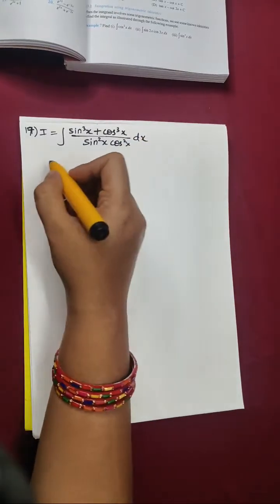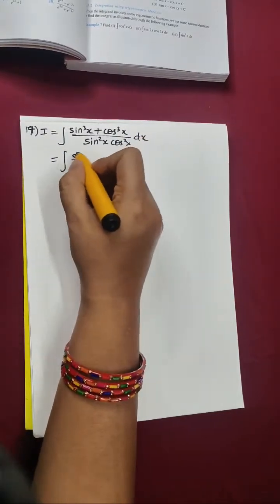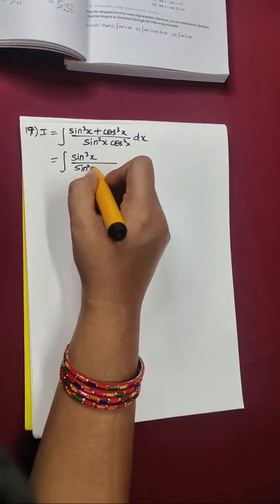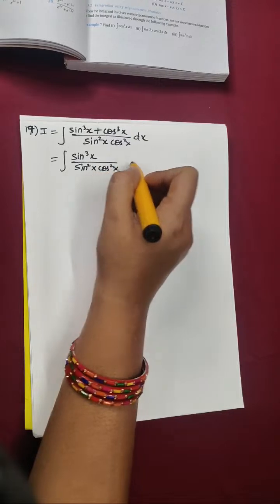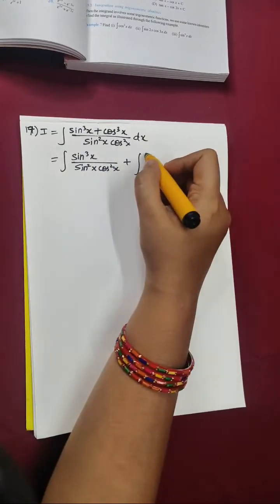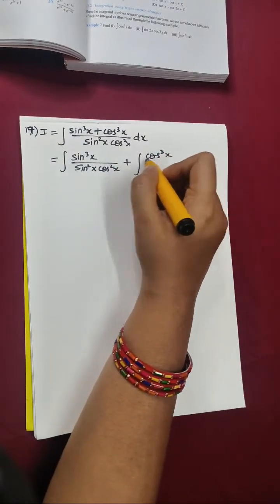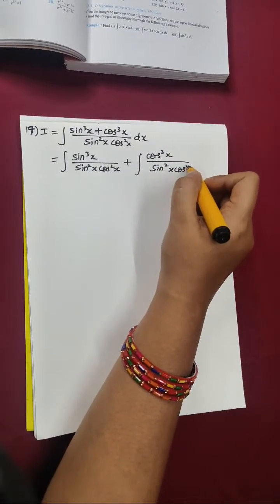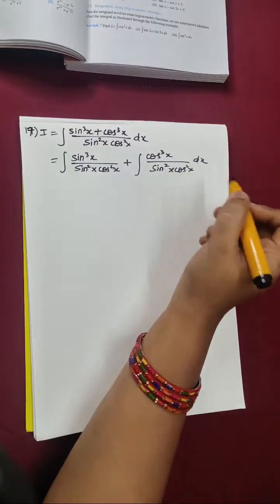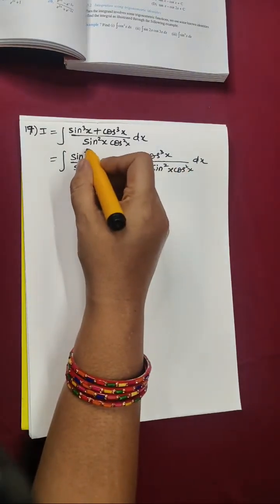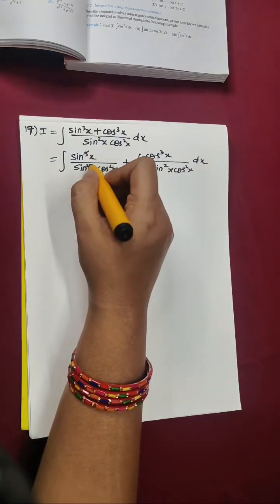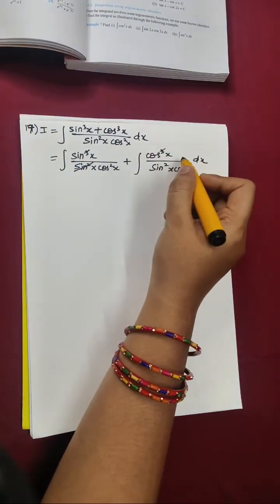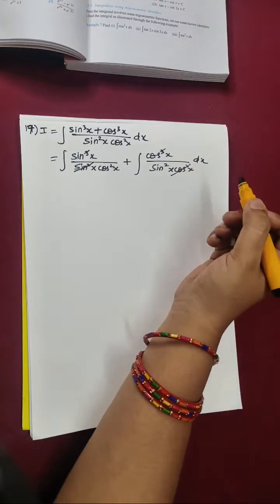Just split the terms. So it will be sin cube x by, because denominator we have in product, yeah? So it will be easy for us to cancel the terms as everything in terms of sin and cos. So we will find it easy as denominator is in product. Now if you see sin cube x, so 1 sin x will be in the numerator, sin square x gets cancelled. Here 1 cos x will be in the numerator, cos square x gets cancelled.